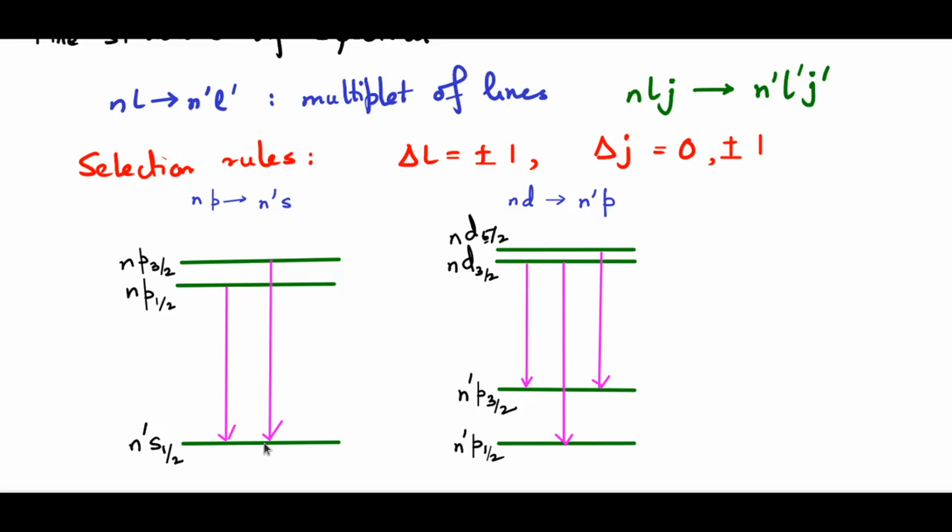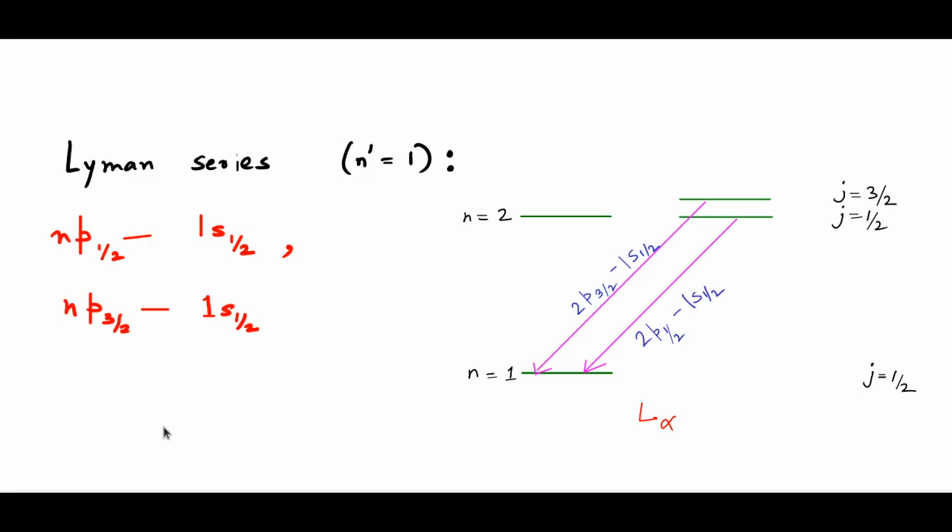So let us now turn to the question of splitting of specific kinds of series in hydrogen. As you all know, the largest frequencies that you obtain in the hydrogen spectrum occur when the transition happens to the lowest energy level, n prime equals 1. Now, n prime equals 1, of course, has only l equals 0 possible. So the only possible value of j is j equals half. No splitting.